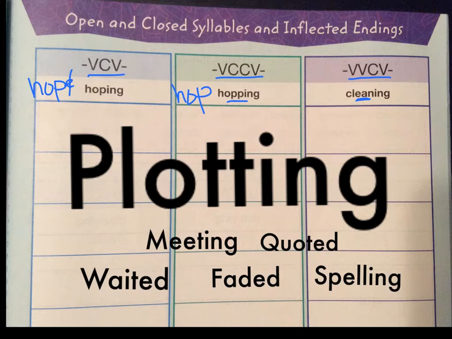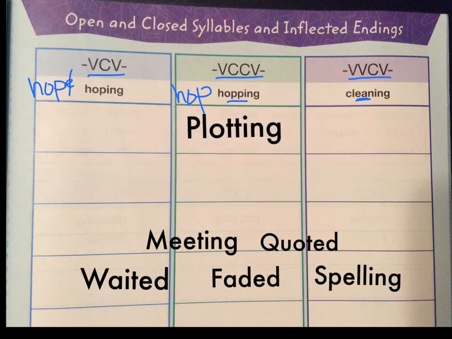So which column do you think plotting would go into? If you said the middle column, you are correct. So go ahead and find your word plotting and add it to your sort mat in the middle column with the vowel, consonant, consonant, vowel pattern. And make note that it has that double T in it for your consonant, consonant.